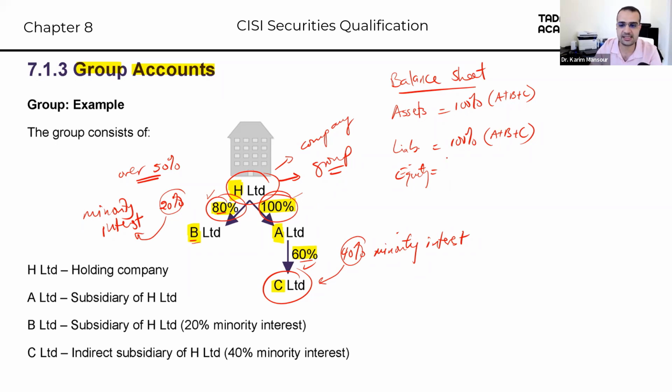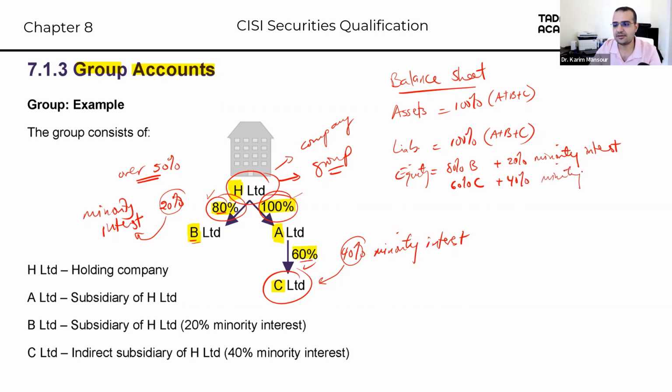So it will show 80% of B, and it will show the 60% of C. But it should also account for the minority interest. So the accounts should show the 20% minority interest of B, and the 40% minority interest in C.